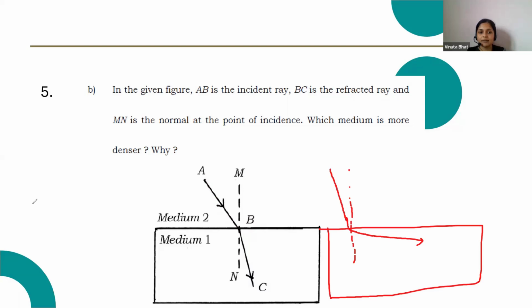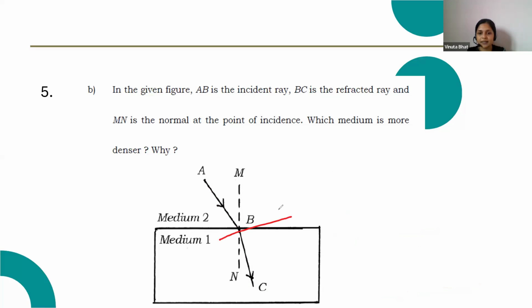So here I will say medium 1 is the dense medium. How can I say this is the dense medium? Because the bending of light, that is the refraction of light, is towards this MN line, that is the perpendicular line.